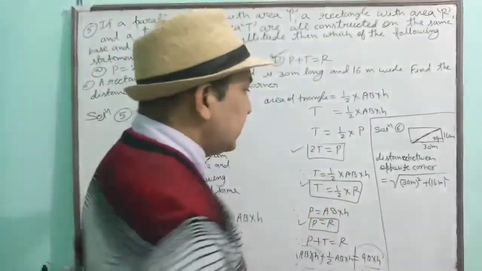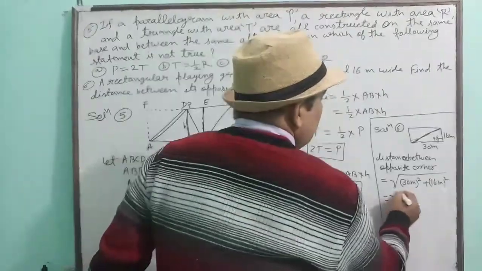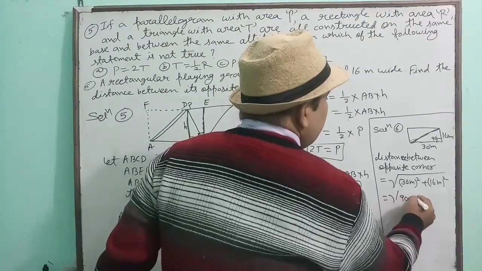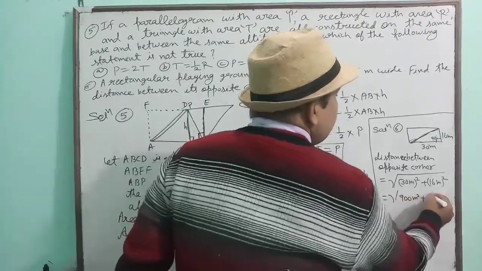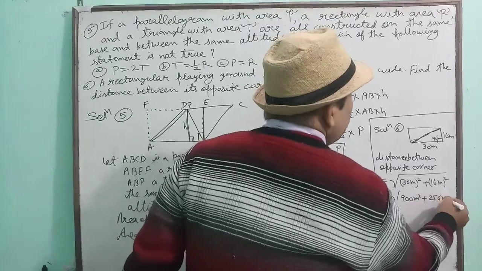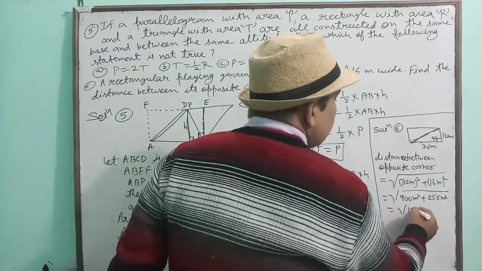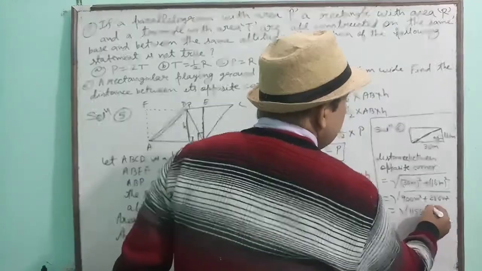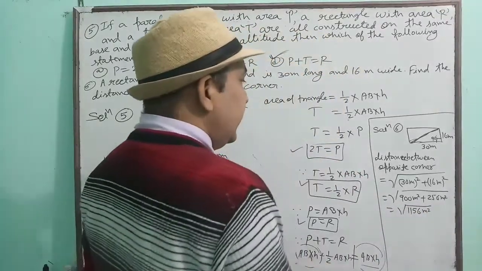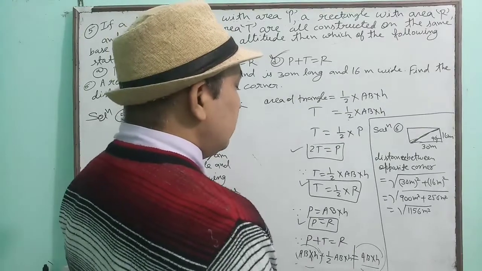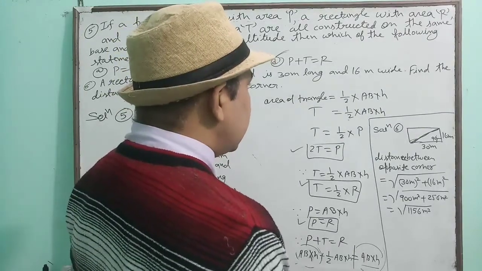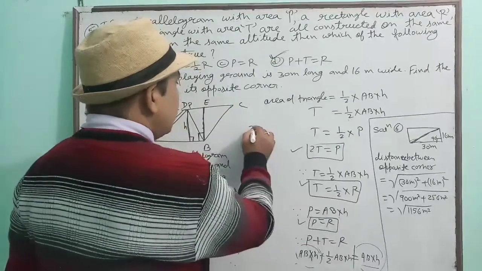Now calculate and get your answer. 30 square is 900 meter square. 16 square is 256. By adding both, 1156 meter square.